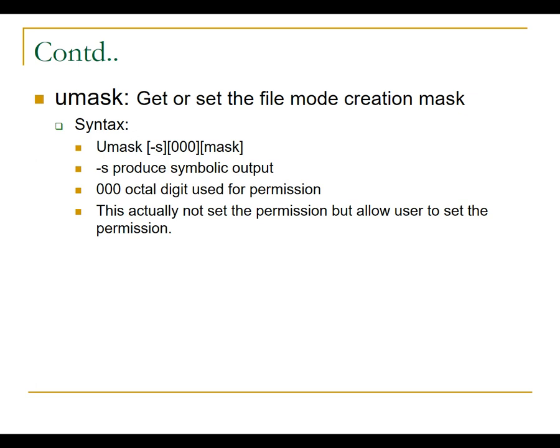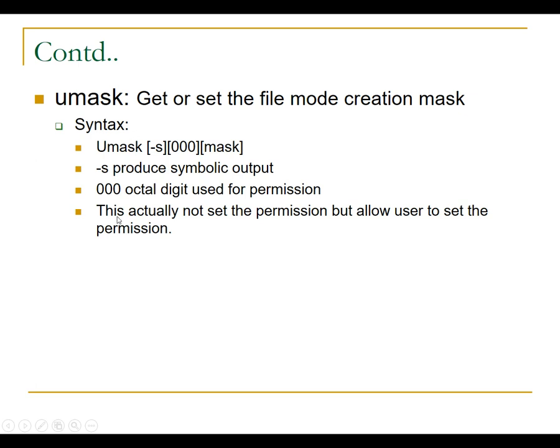The syntax of umask is as given below, where umask is in small letters, -s is one of the parameters producing symbolic output, and then we give the mask. 000 is an octal digit used for the permission.